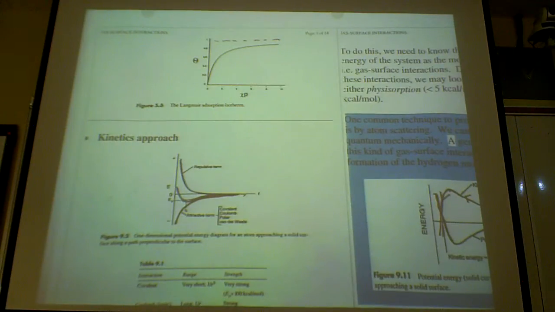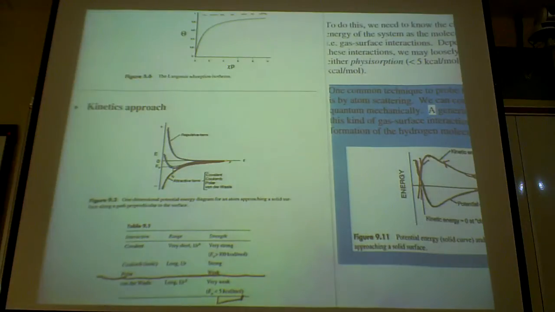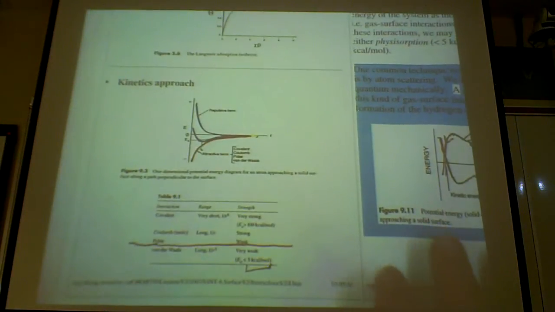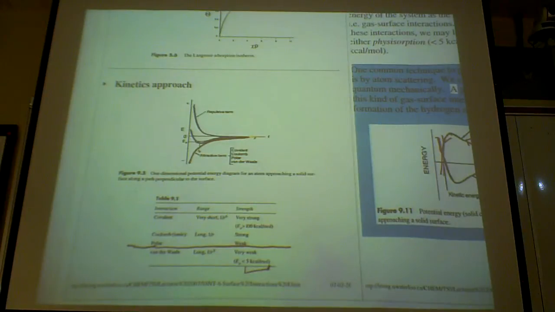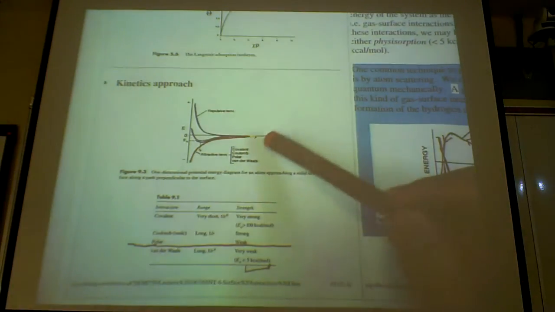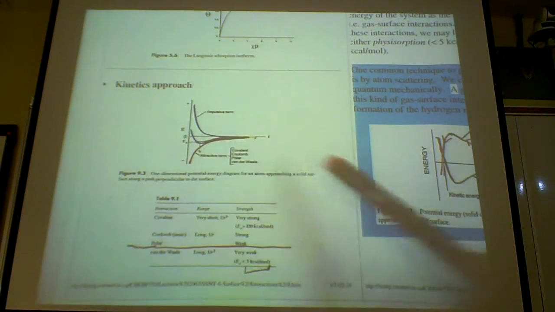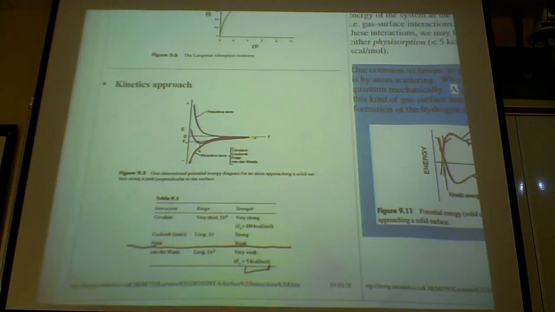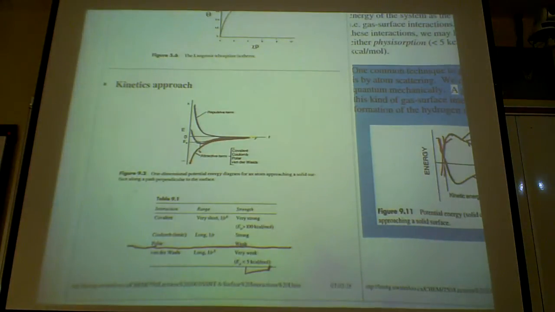So now I'd like to think about this in terms of kinetics, meaning the movement of these atoms towards the surface. Usually you can think of it qualitatively in this way. As you throw an atom or molecule towards some sort of surface, because your surface of course also contains atoms and molecules, there will be interaction between the surface itself and the incoming particle, which is your atom or molecule.